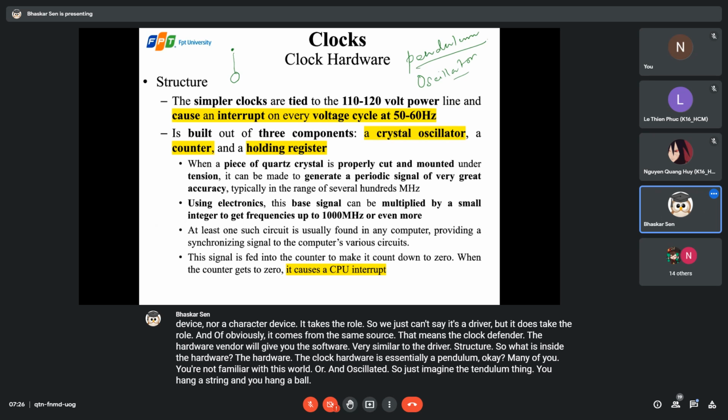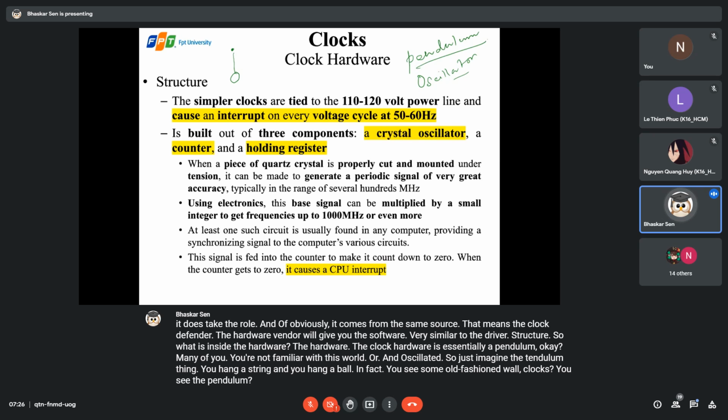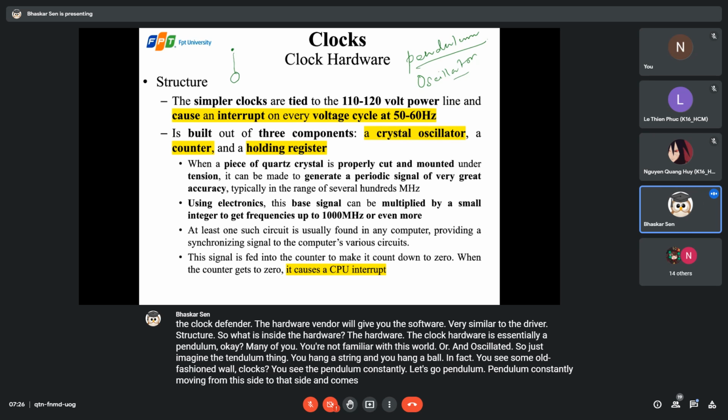In some old-fashioned wall clocks, you see the pendulum constantly moving from this side to that side until it comes to a standstill. It's a very similar concept, but here it is oscillating.